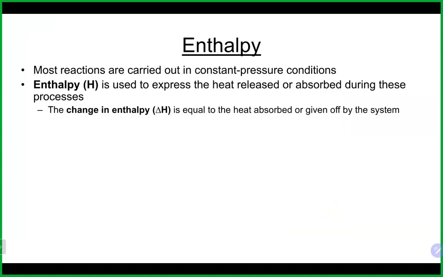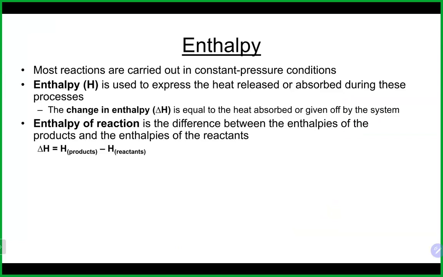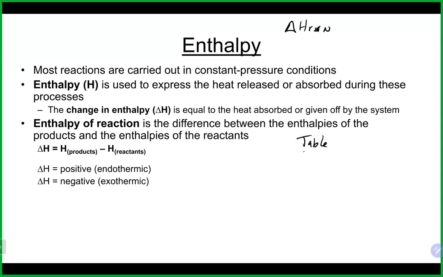So enthalpy, as I mentioned, and we've been touching upon, is really the way in chemistry that we often display the energy associated with a reaction. The change in enthalpy, again, is the products minus the reactants. And when we calculate the delta H of the reaction from an equation, we typically need to go to a table like in the book.